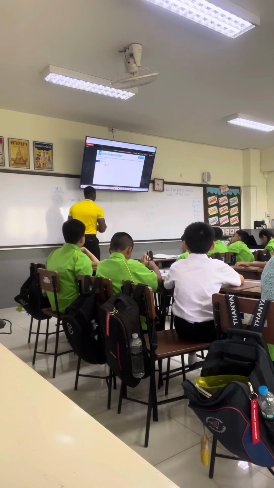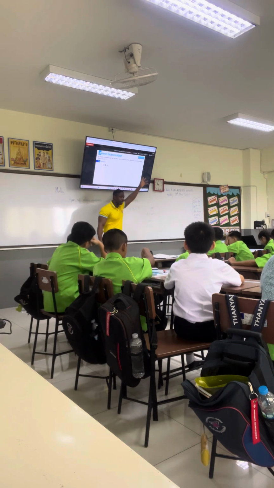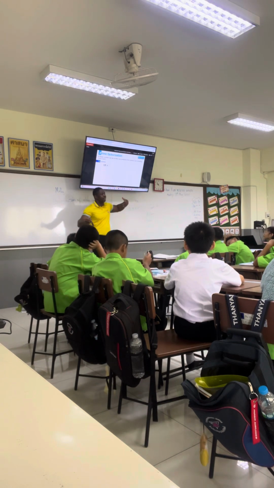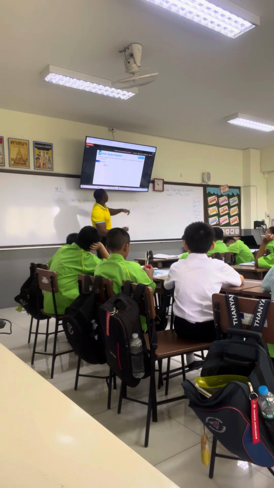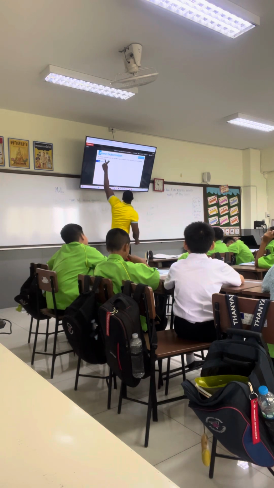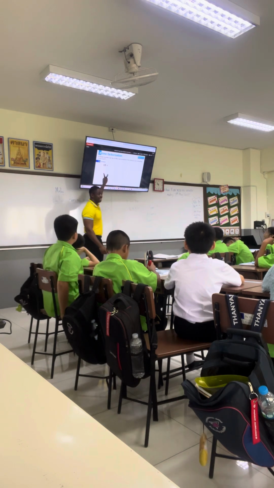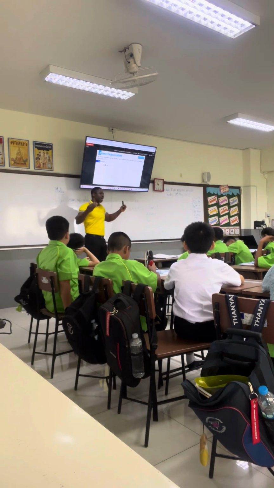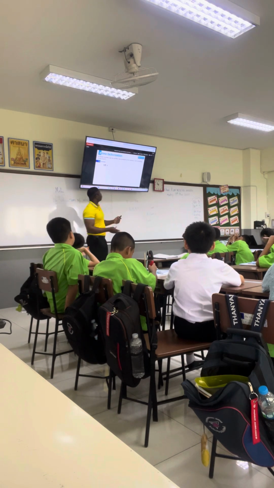I could say 18 is equal to 3 times 6, or I could say 18 is equal to 2 times 9. Remember, we are not including 1 and itself, so we forget about 1 and forget about 18. So what do we have there? 2, 9, 3, 6. Right?